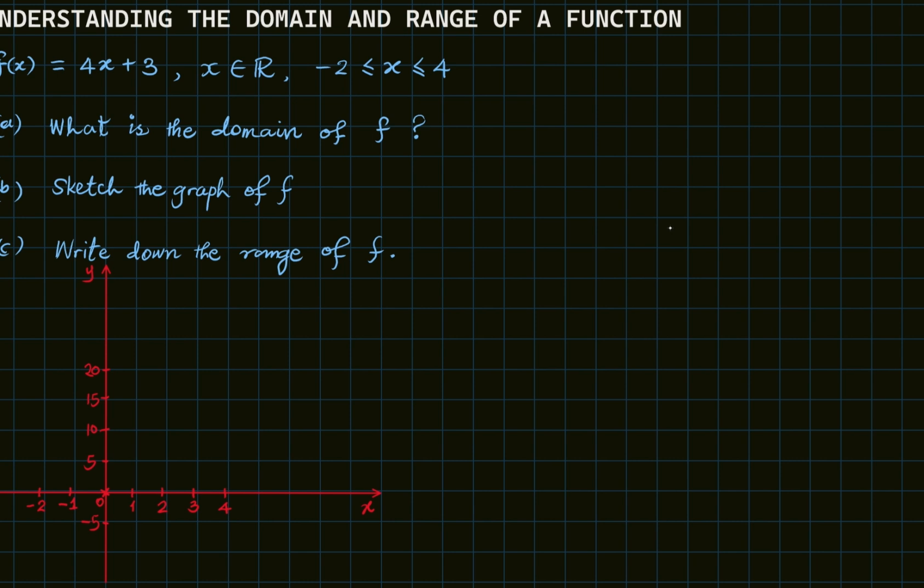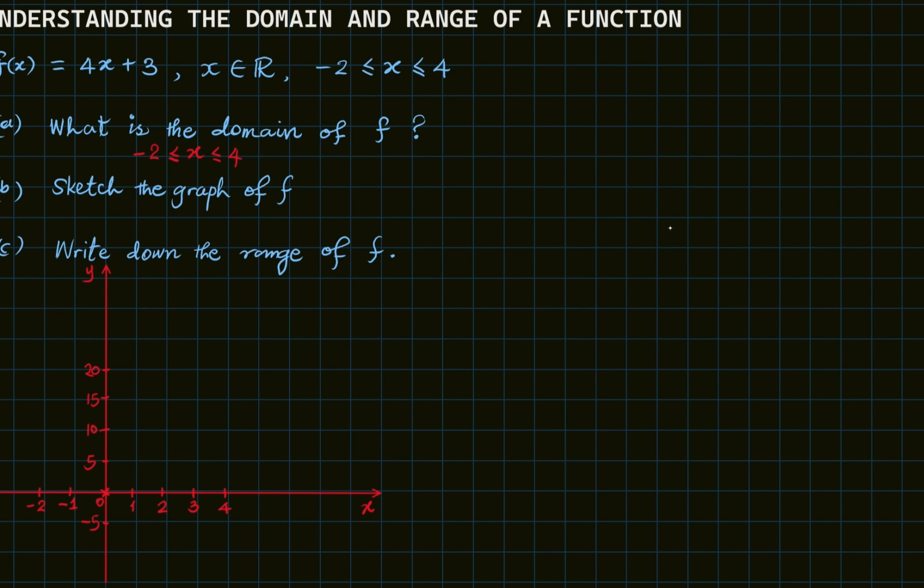Hence, I'm going to answer A by saying that the domain of f is all the x's between -2 and 4. We will come to sketching the graph after we've considered the range.